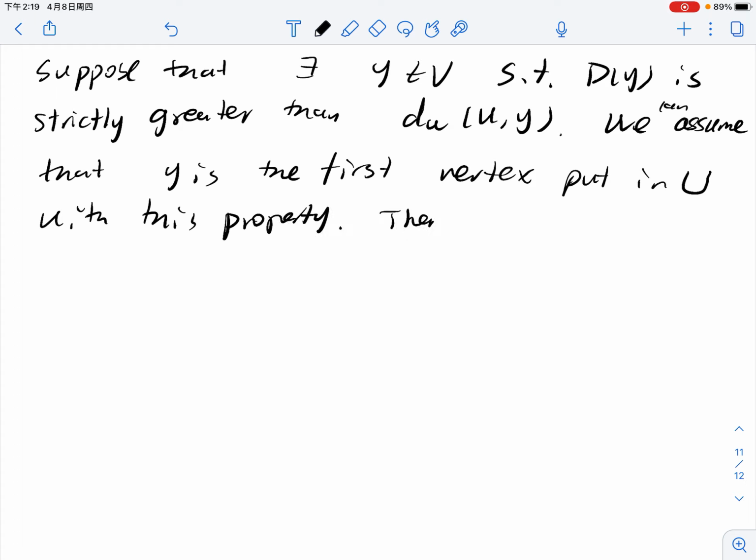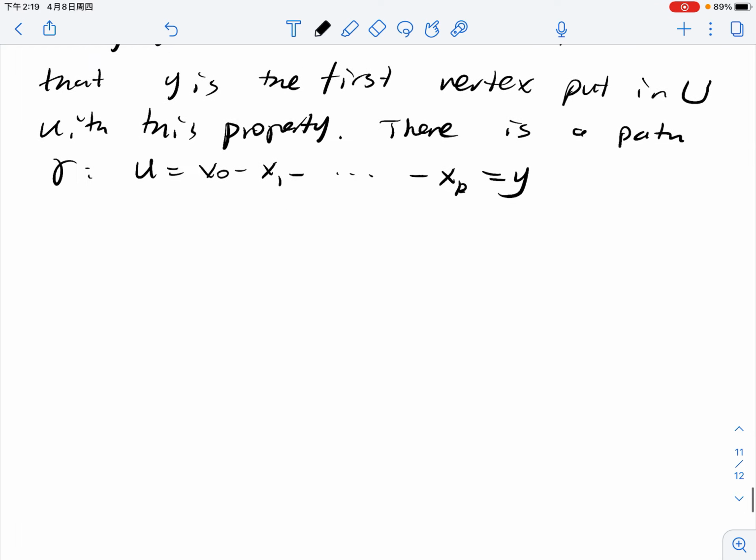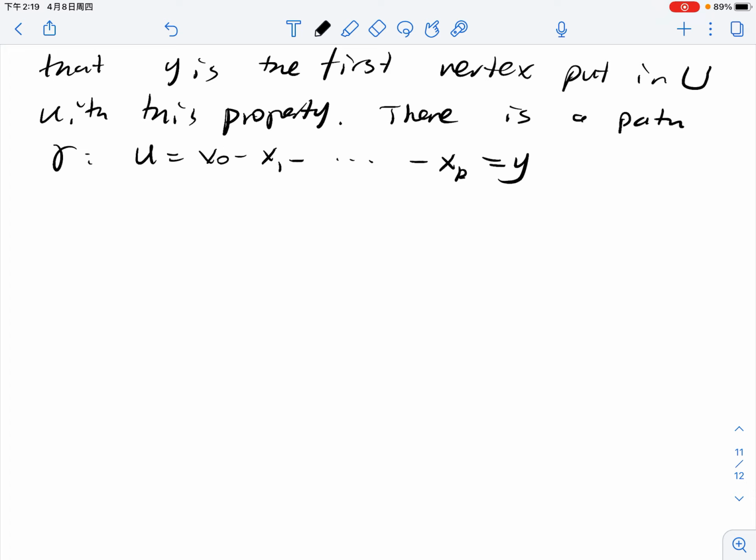Then there is a path gamma joining u and y whose weight omega(gamma) is less than d_y.